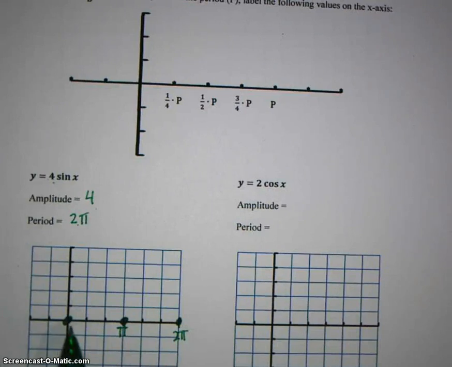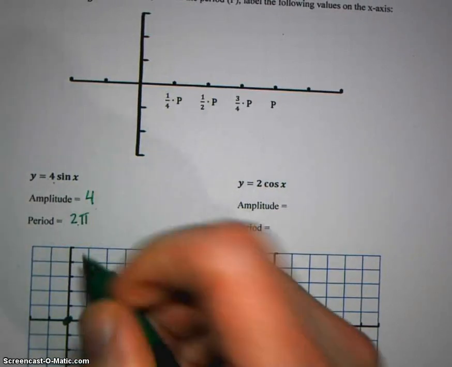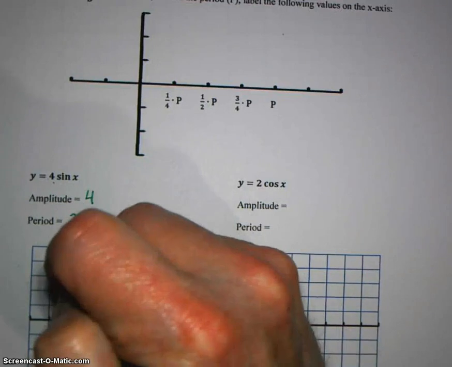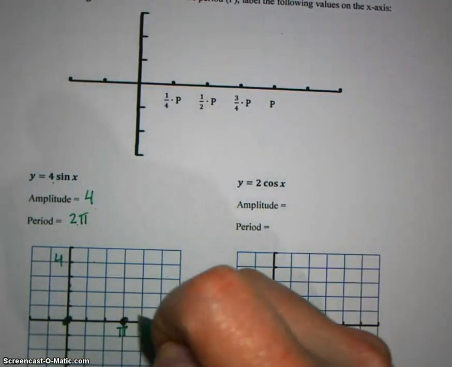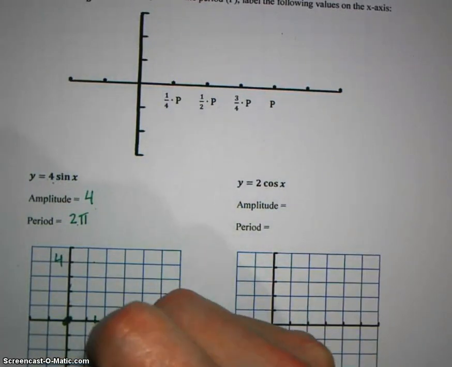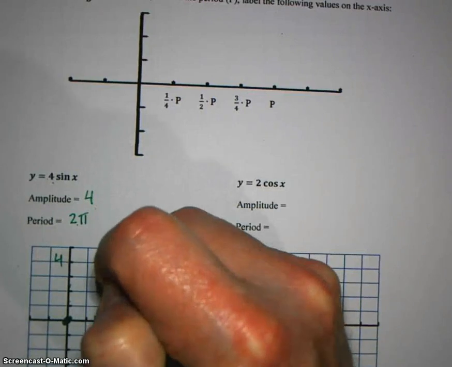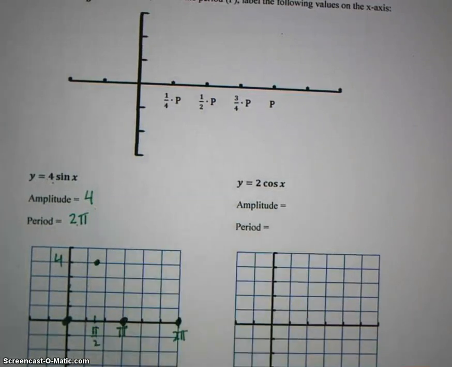And then finally, we go halfway in between again. Halfway between 0 and pi is pi over 2. But here, our sine wave is high, so I'll call that 4. That's pi over 2, so we would have pi over 2, 4. There's our high point.